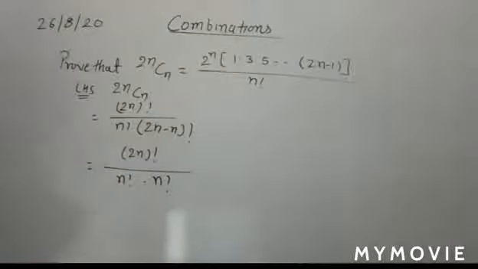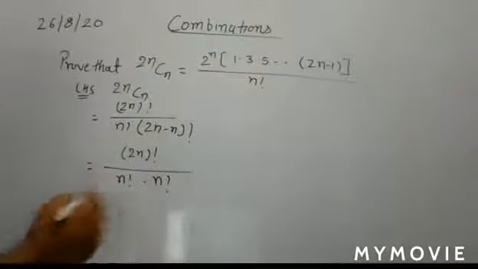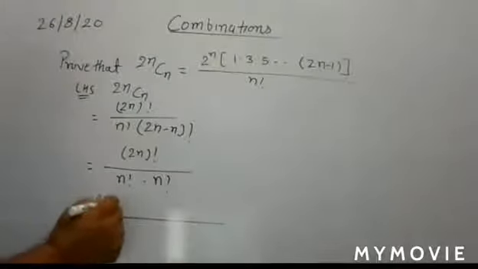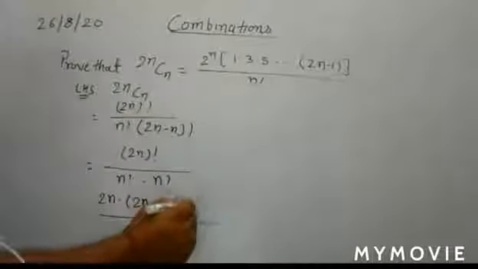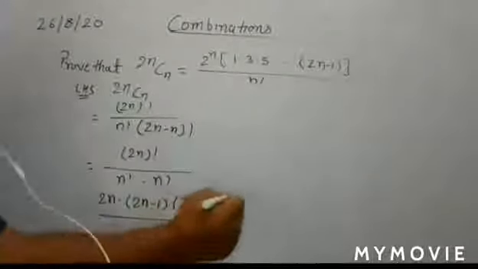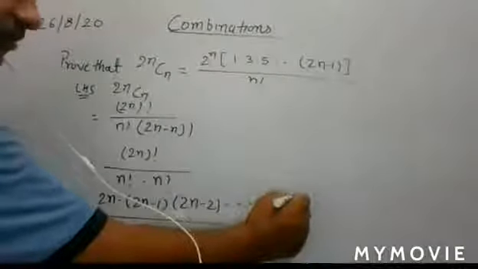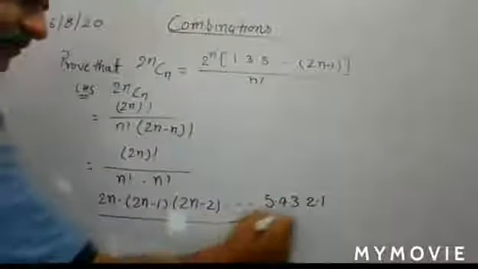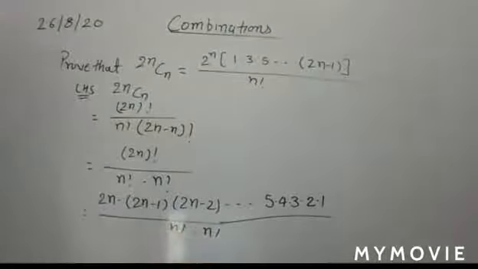Okay, so here you expand 2n factorial. That can be written as 2n into 2n minus 1, 2n minus 2, and up to 5, 4, 3, 2 and 1, whole divided by factorial n into factorial n.